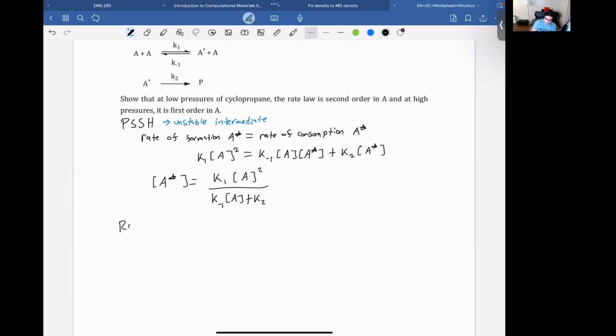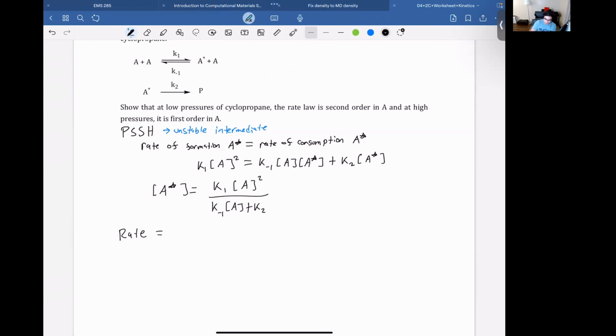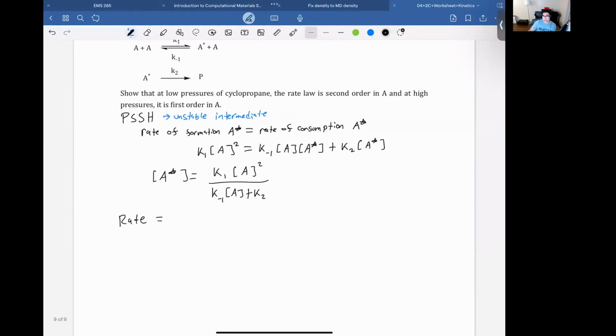Now the rate I am interested in is how P forms. So I want to know how P forms. That is going to be the concentration of A star times K2.